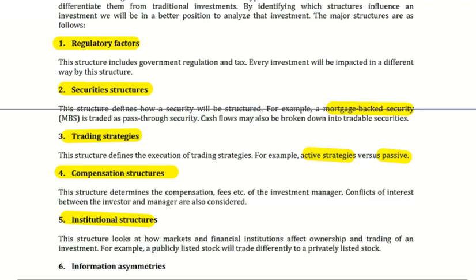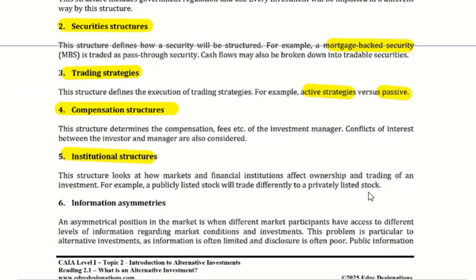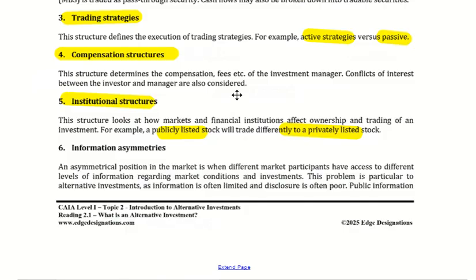Institutional structures. This looks at how markets and financial institutions affect ownership and trading of an investment, publicly versus privately traded. We'll look at that. Information asymmetry. Now, it's important to remember that asymmetry means not equal.